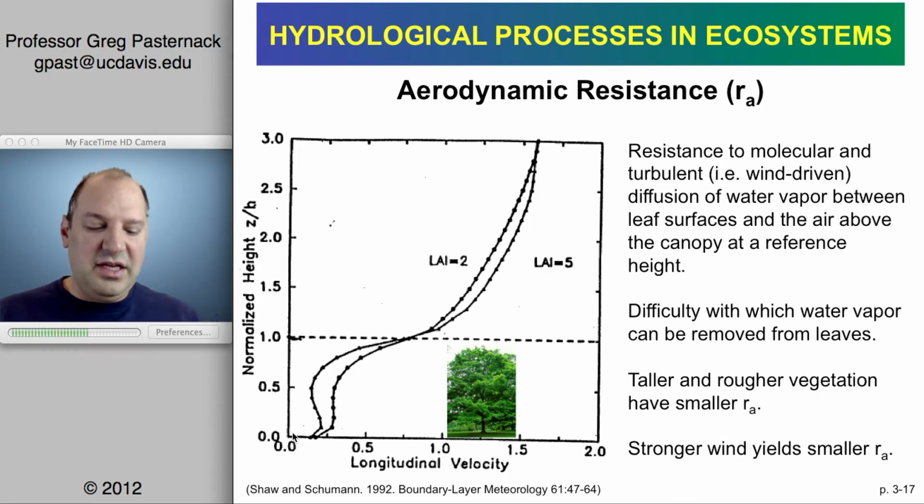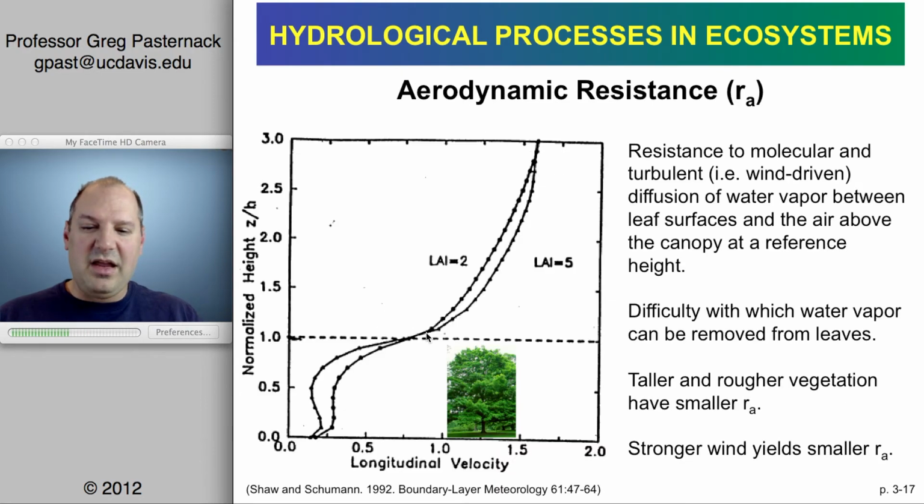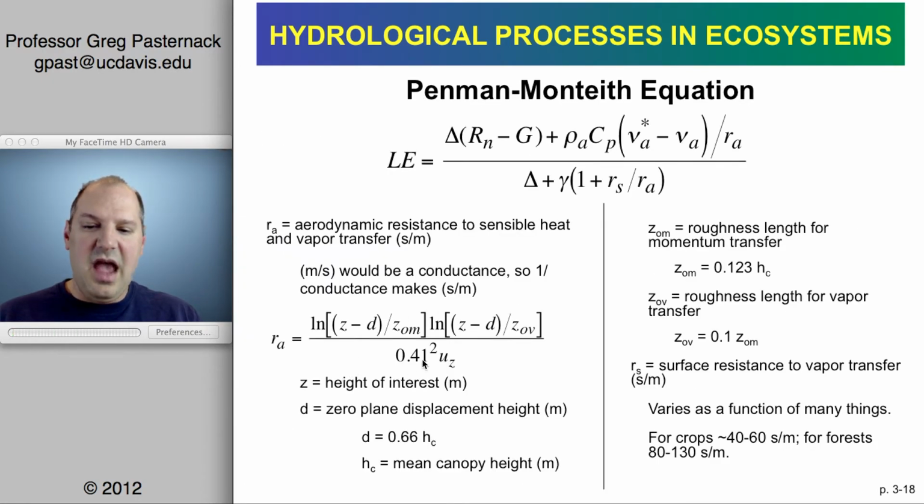There could be all kinds of things taking place. And so the zero displacement recognizes that from the top of the tree, this logarithmic profile doesn't begin right at the top, but a little bit down into the canopy. And then the denominator here is this roughness length, which is what I was talking about, the roughness on the ground surface.